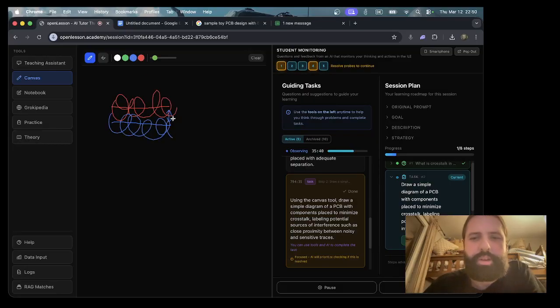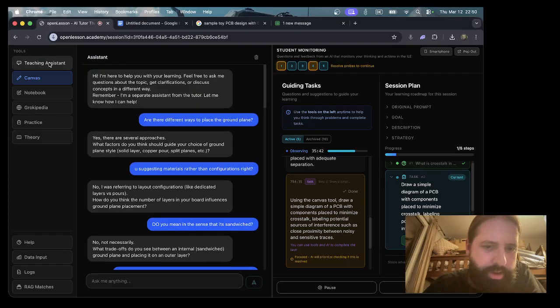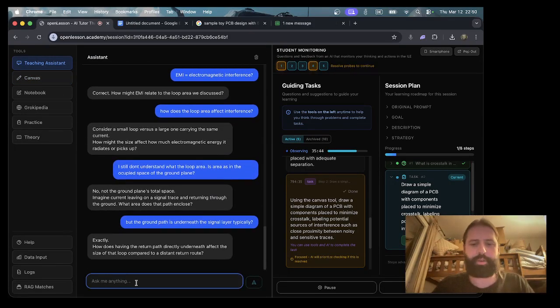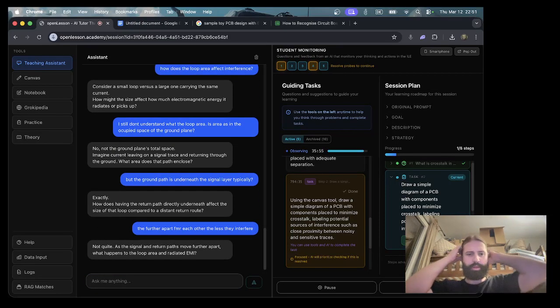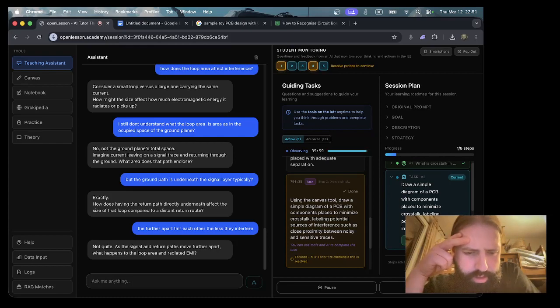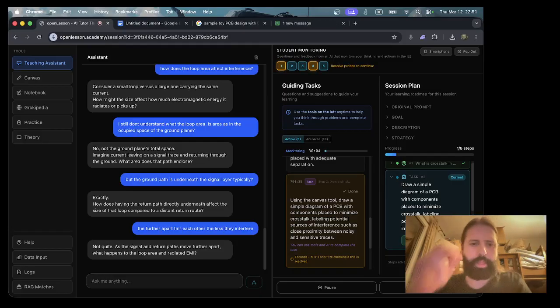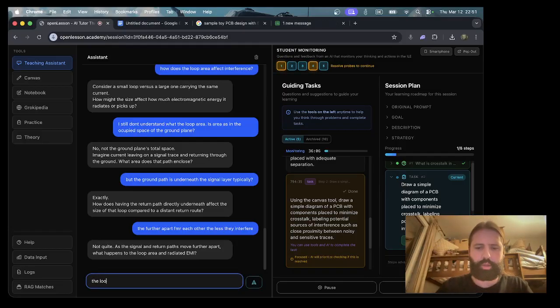So the farther apart from each other, the less they interfere. So I'd say the farther apart, the less. Really? So the loop area increases and the EMI decreases.